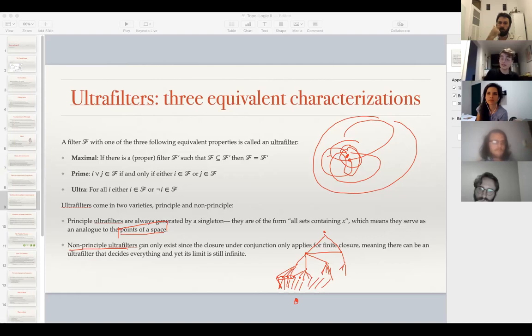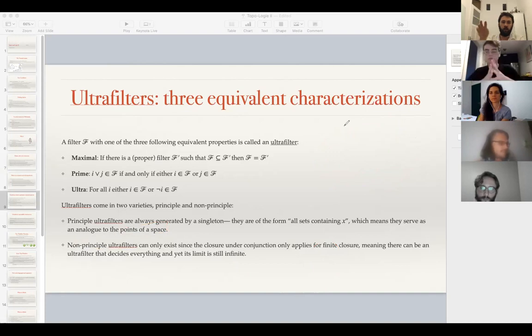And this is exactly what a non-principal ultrafilter is. It's very strange. It's going to be a top, but it's not going to converge. It's going to be this weird sort of decision of infinite quantities. Locally, there are conjunctions for any two things, in fact for any finite number. But for the conjunction of an infinite set of things, you won't find this common thing.